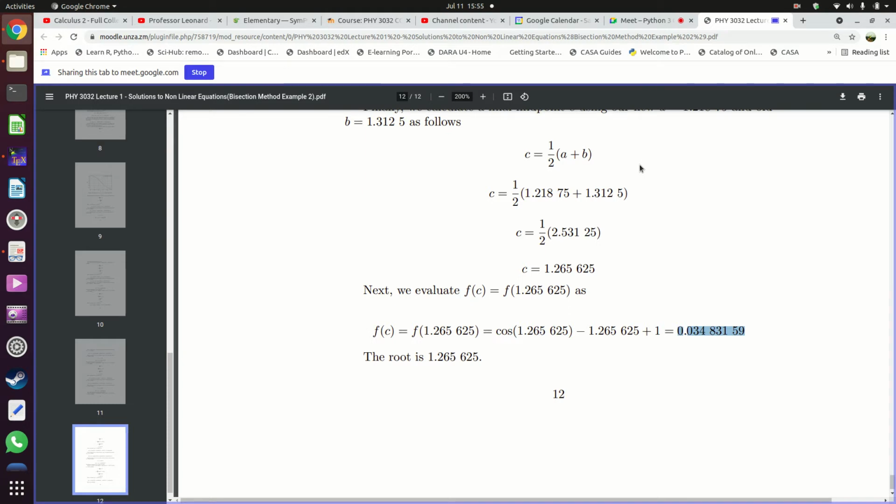I'm saying that at some point you need to tell the computer to stop when the difference between A and B is a certain number, because as you're adjusting your bracket, A and B keep on getting closer and closer to each other, right? So you can do this adjusting of the bracket as many times as you want.